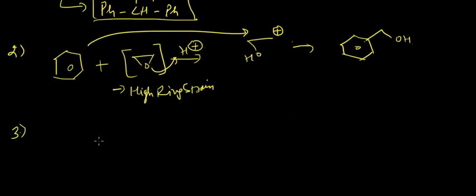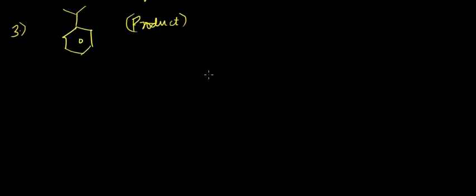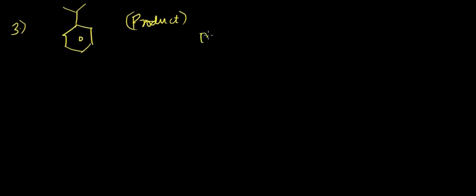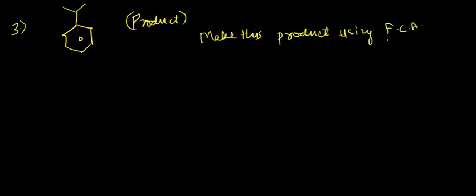Okay, let's look at another example wherein we have something like this, and okay, let's twist this example a little bit. You have been given this as a product, and you have to actually make this product by using Friedel-Crafts alkylation methods.